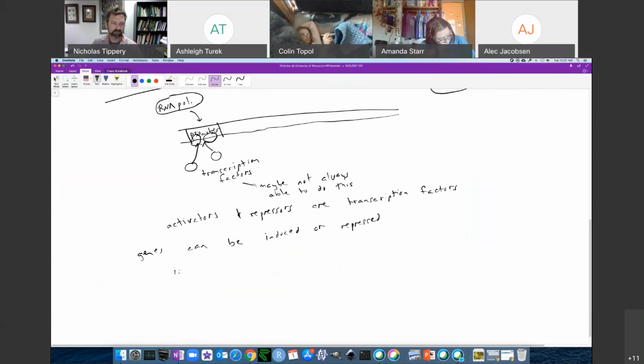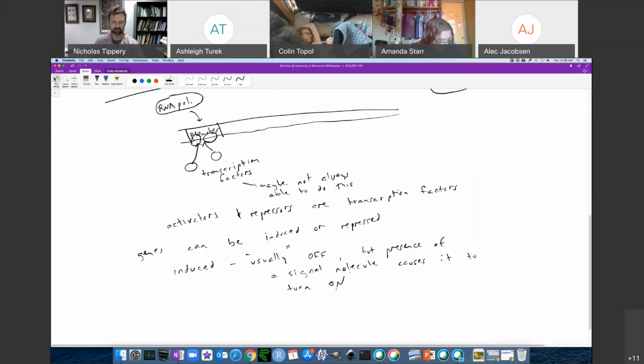So if a gene is induced, we're going to think about that as being usually off, but it turns on in the presence of a signal molecule. Right, so to induce something is to cause it to happen.